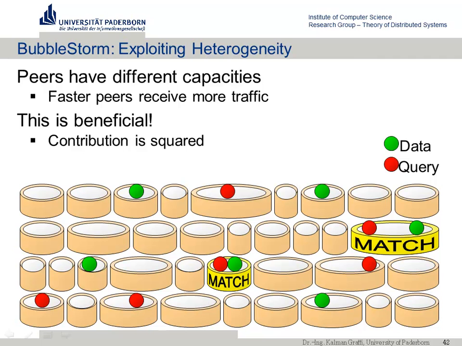So even if we support this heterogeneity and support that peers might have a different node degree, it even gets better, because stronger peers are much more probable to store queries and data in one place, because they are reached more frequently. So this is a good thing.